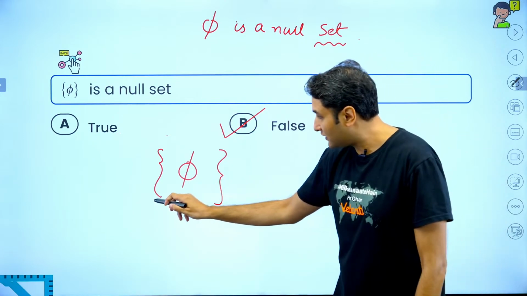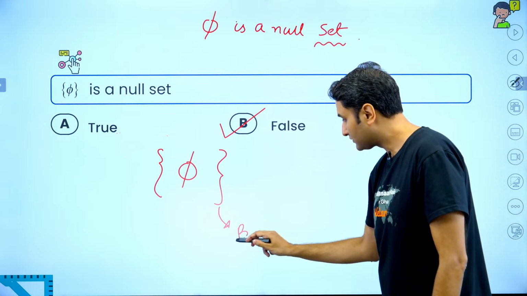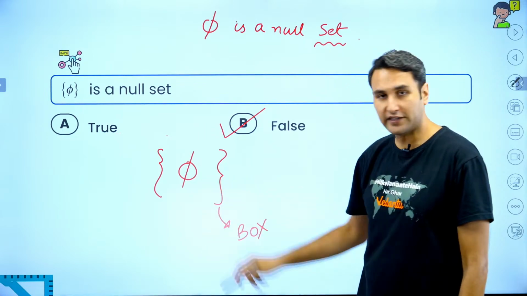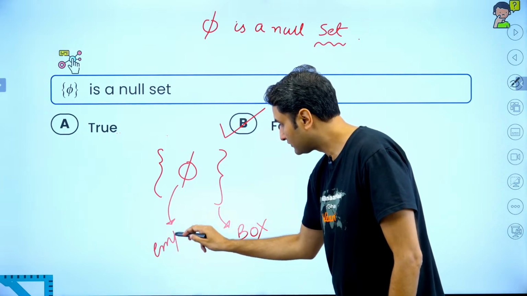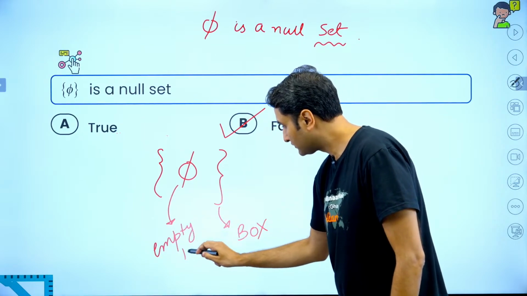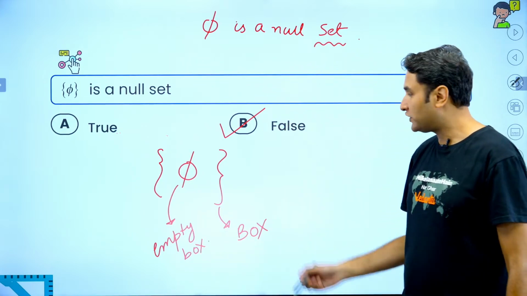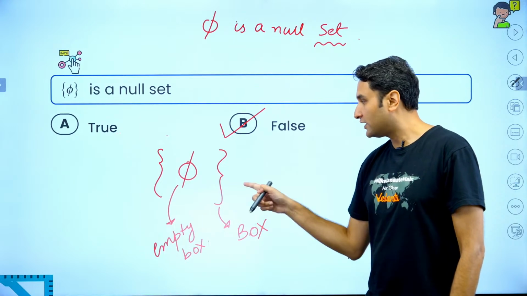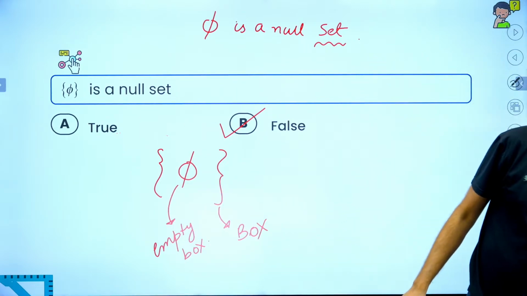Imagine this is a box. Inside the box, you have put an empty box. So when you have put an empty box inside a box, is this box empty anymore? No, it is not. There is a box inside.